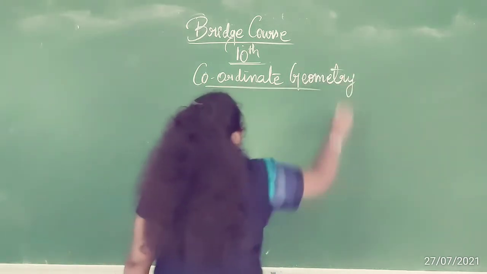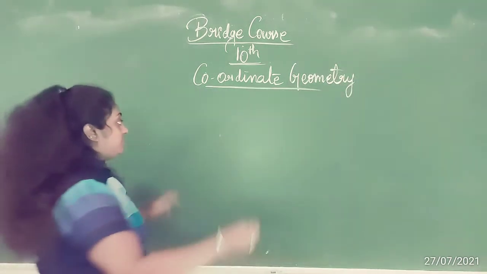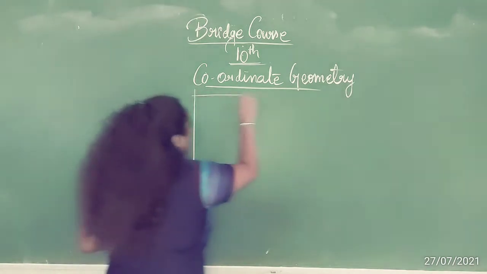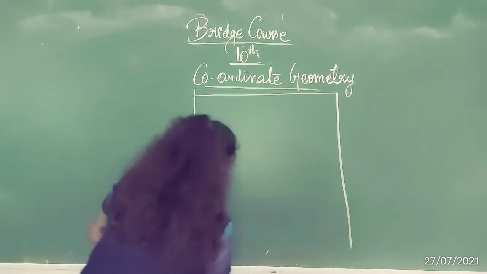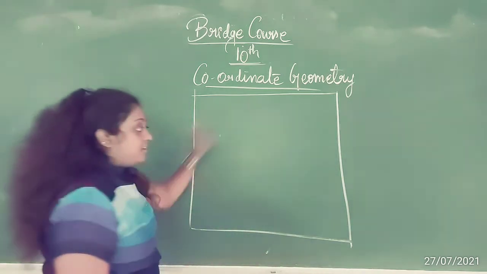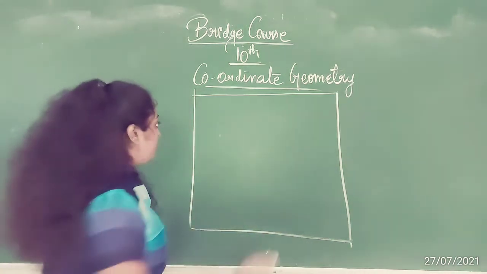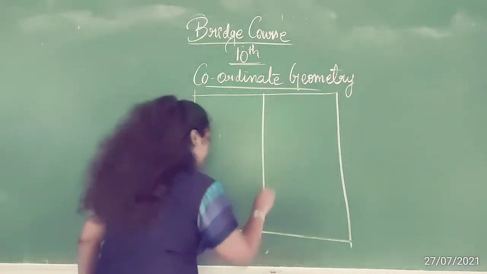Now in coordinate geometry, let me draw a graph sheet. Consider this as your graph sheet plane. So I am making it into 4 parts.